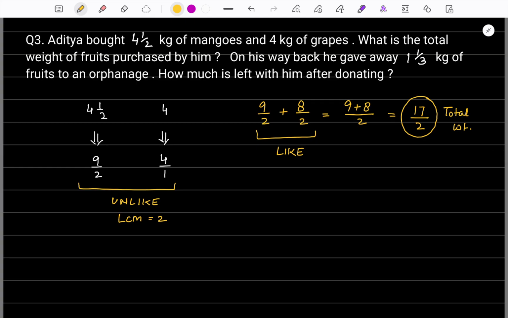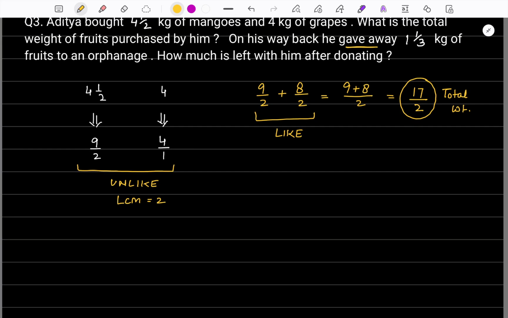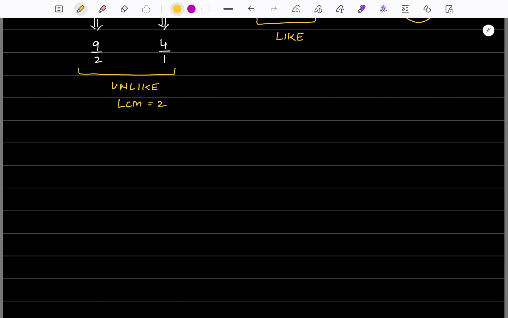Now there is another part to this question that says, on his way back home, he gave away 1 by 3 kg of fruits to an orphanage. Since we see the term gave away, it means that we have to subtract 1 by 3 from the total weight. And the total weight is what? 17 by 2. So now we will subtract.